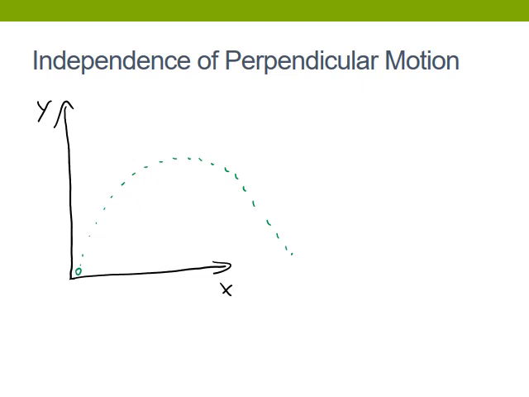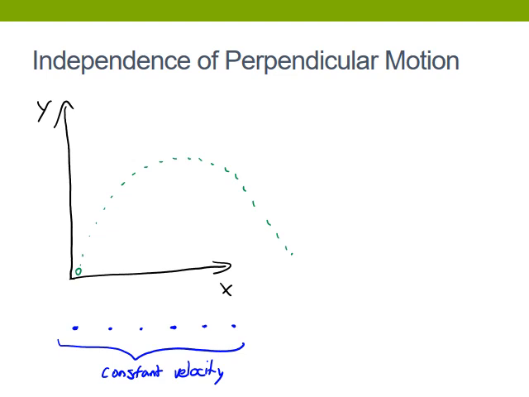If I were to draw you the motion diagram of these directions independently, let's say in the x direction, I would find that I get a motion diagram that looks something like this. And at this point, you should recognize this as a constant velocity diagram.